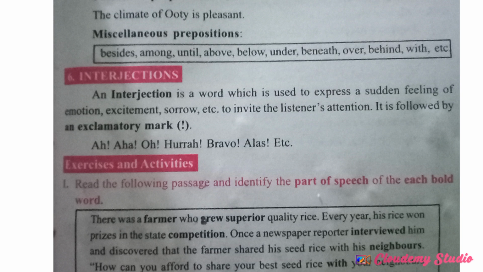What is an interjection? A word used to express a sudden feeling or emotion, excitement or sorrow, etc., or to invite the listener's attention. For example, if I am happy with something, I will say, "Hooray, I won the match!" If somebody has done something brave, "Bravo, dear Brownie, you have done a good job!"